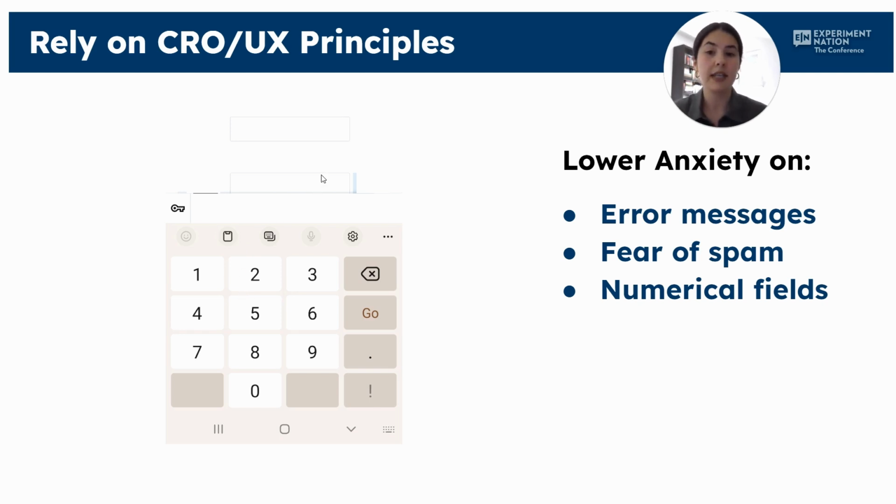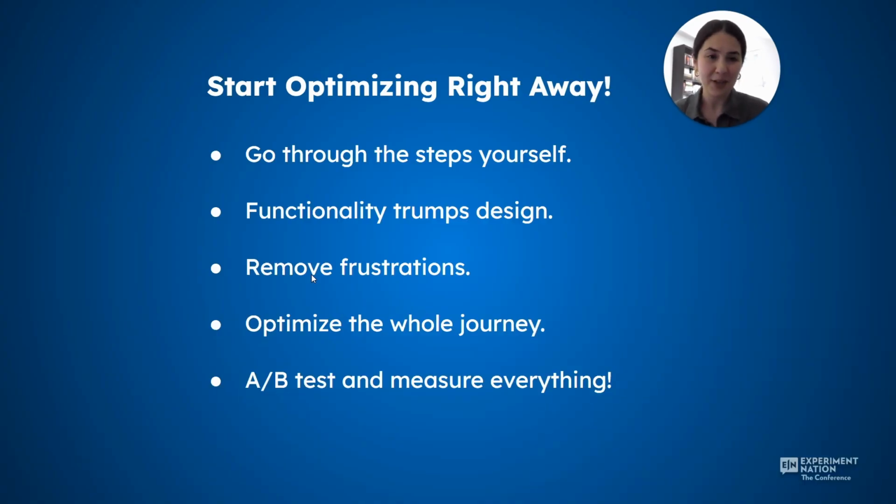And I've seen many times that on numerical fields, the form actually offers a drop down menu, so people have to scroll down and select the number. This isn't a really good practice, so it's much better to just give them the numerical keyboard so that they can select the numbers.